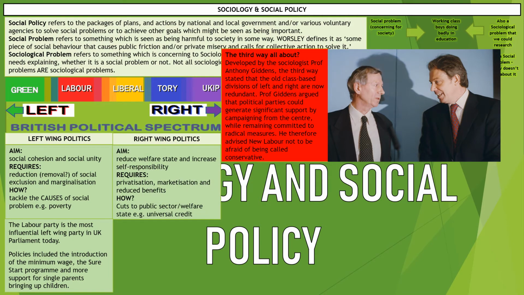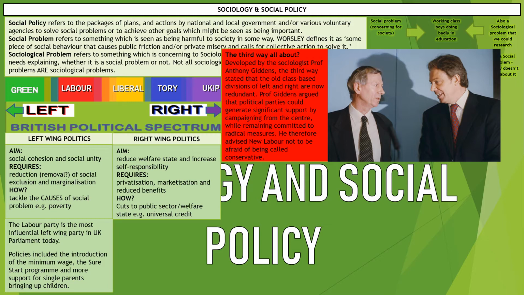Right-wing politics tends to reduce the welfare state and increase self-responsibility. We know that right-leaning politics tends to favour traditional values and traditional ideologies. With the new right, we see things like privatisation, marketisation, and a reduction in benefits. Most of the solutions to problems involve taking away support, which is seen as creating over-reliance and dependency in the population.